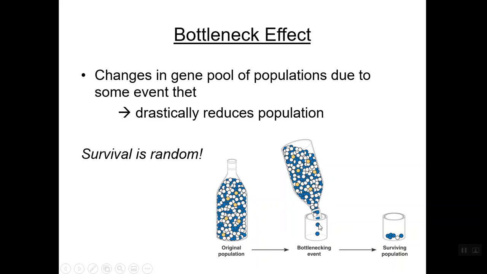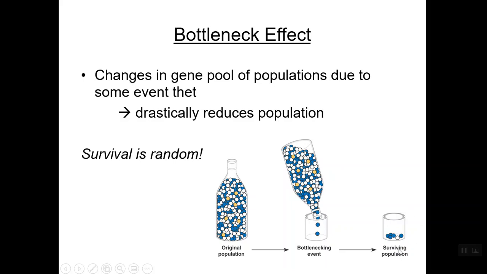And just by random chance, just like shown here, the surviving population doesn't have the same allele fraction or frequency as the original one. Here I see that most of the survivors, just by random chance, were the blue, very few, just one of the white, and none of the yellow.